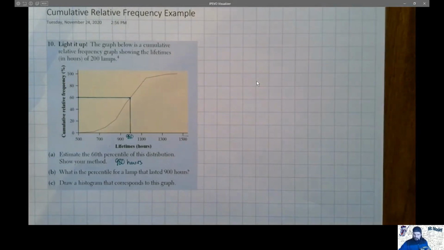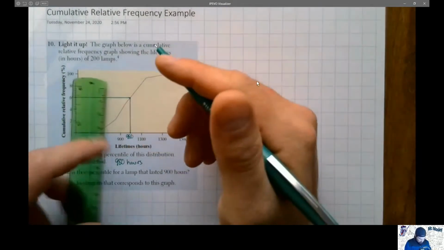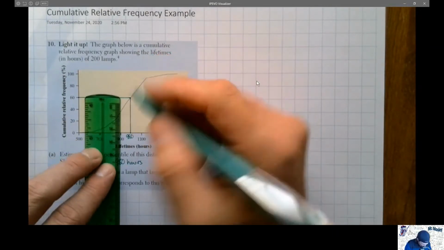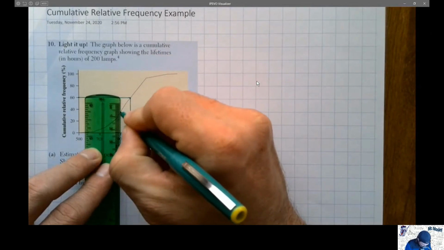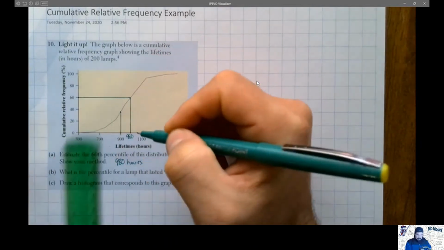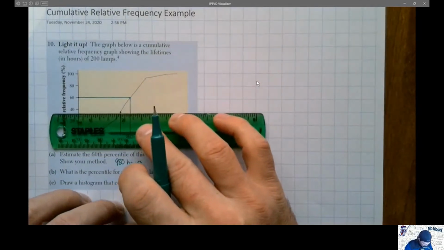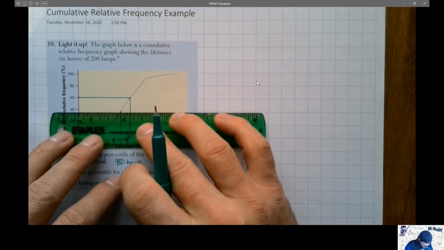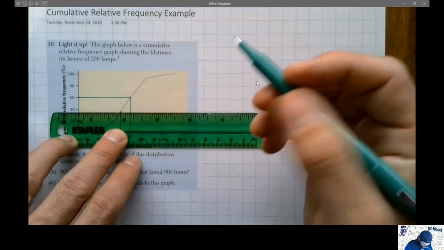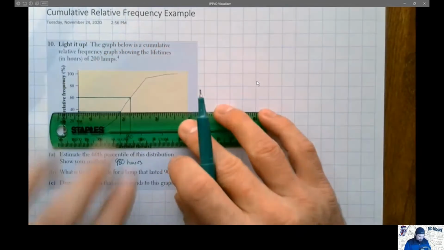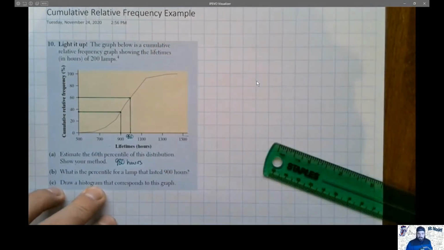All right, so in this case, we're going to go the other way with drawing our lines. We're going to start at 900. Try to draw a line straight up from 900 until we hit the graph. And then we'll go to the left from there and hit the y-axis. I'm trying to have this as straight as possible. All right, so there we go.